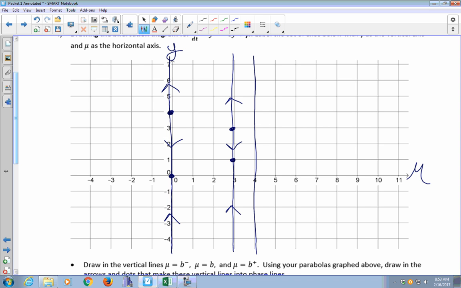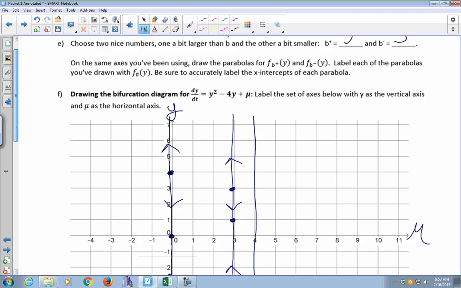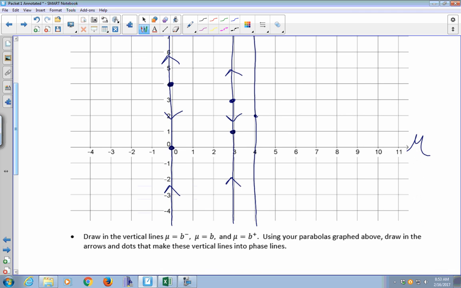It has just one equilibrium point where? At 2. Yeah, let's just go back and verify on the graph. Yep, this pink graph is f sub 4. It has its equilibrium point at 2, when y is 2. So I'll put an equilibrium point on there.